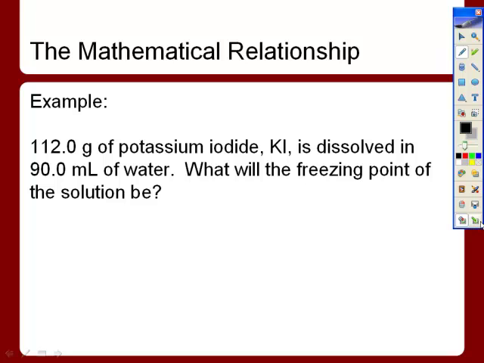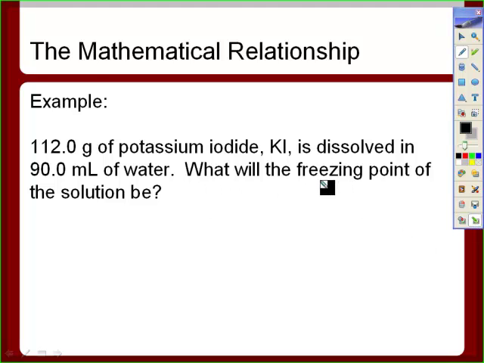So our solvent is water, our solute is potassium iodide. We need to know the freezing point of the new solution, and we have this relationship here. Change in the temperature of the freezing point is equal to the molal freezing constant times the molality of our solute times the Van't Hoff factor.